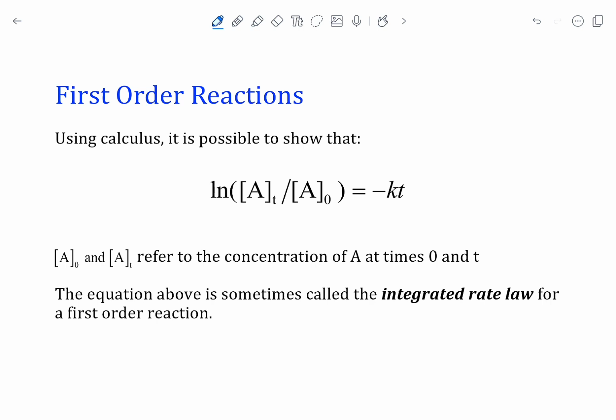The natural log of A at some time t, so this is a later time, divided by the concentration of A at the initial time, so 0 means initial time, or time 0, is equal to the negative k, which is the rate constant, times that time, that later time.